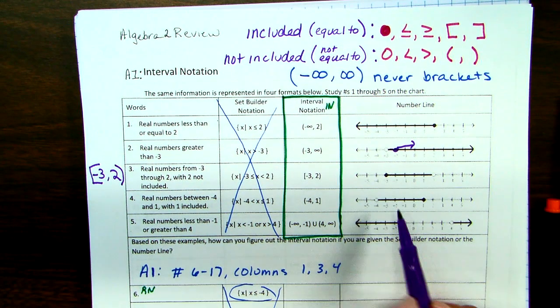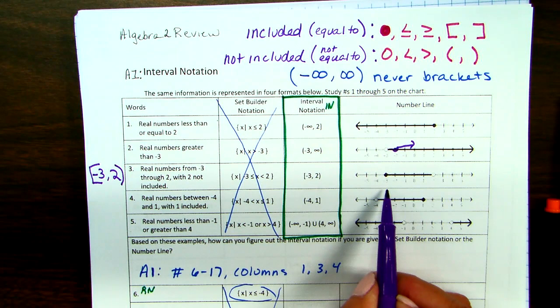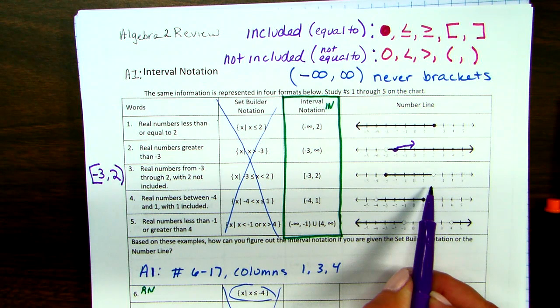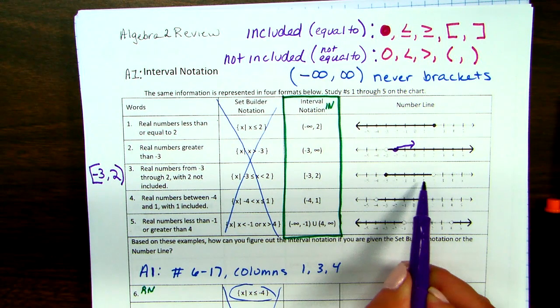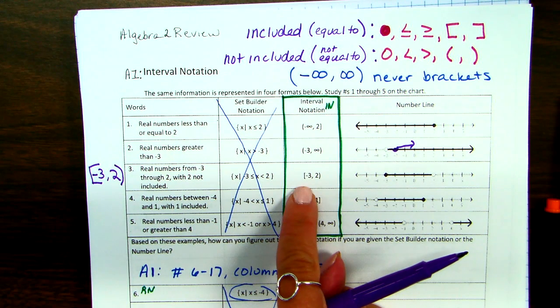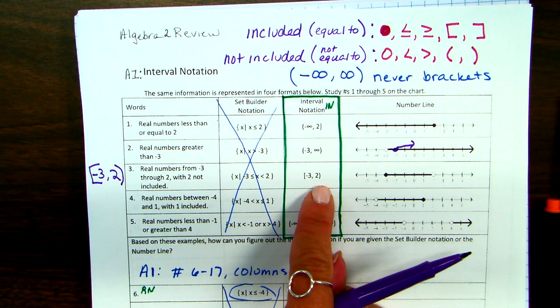Look at your graph. We have a closed-in circle because it's included on the -3, and an open circle on the 2 because it's not included. So it's all those numbers in between. Notice -3 to 2. -3 has the bracket, 2 has the parentheses.